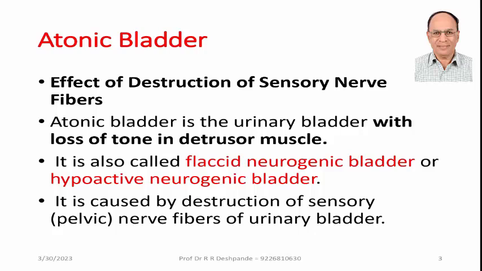You remember these fibers go to the spinal cord after filling of the bladder. So they are damaged. Sensory nerve fibers are damaged. Comma. Also loss of tone in the detrusor muscle. Okay.